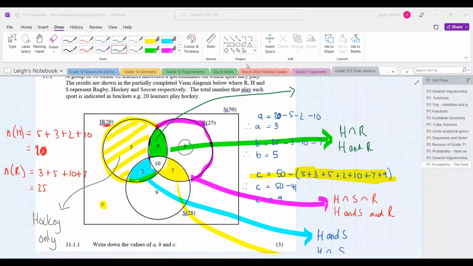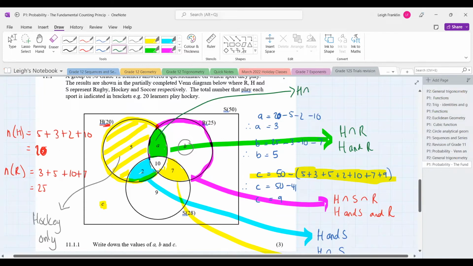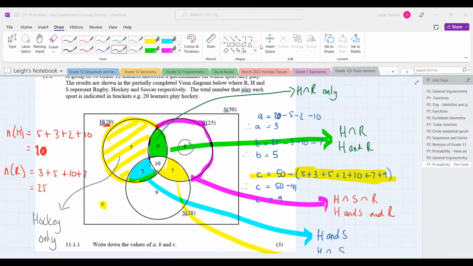Okay, but hockey and rugby includes the 10, Khola. So this region over here, that's just in green now, we would say hockey and rugby only. Not or. So hockey and rugby only, if they're asking you to refer to that region.